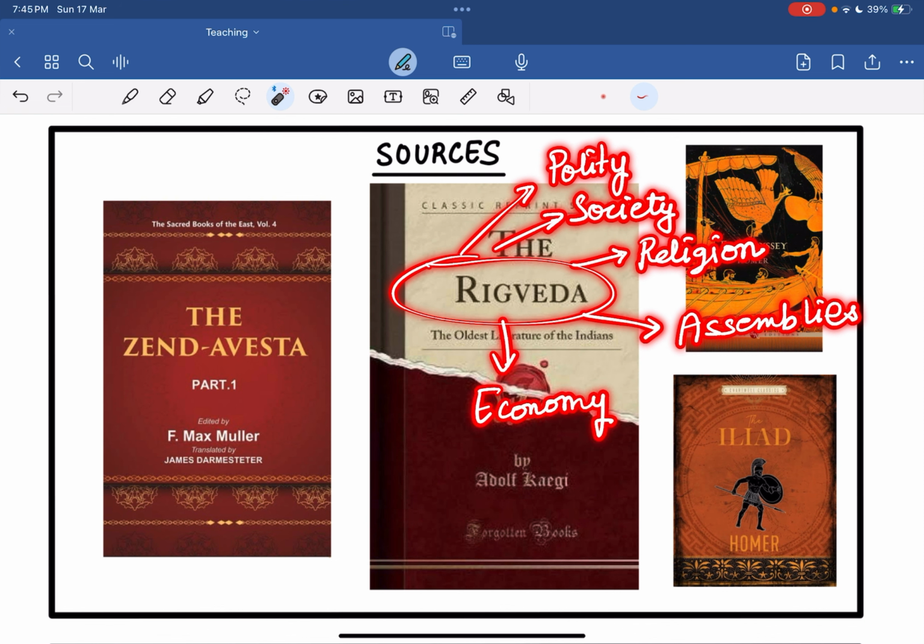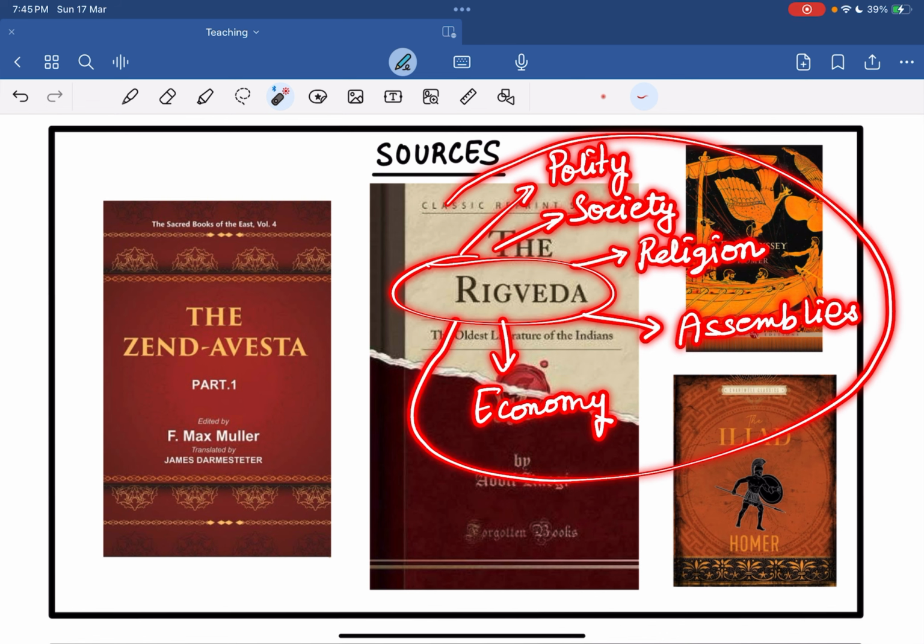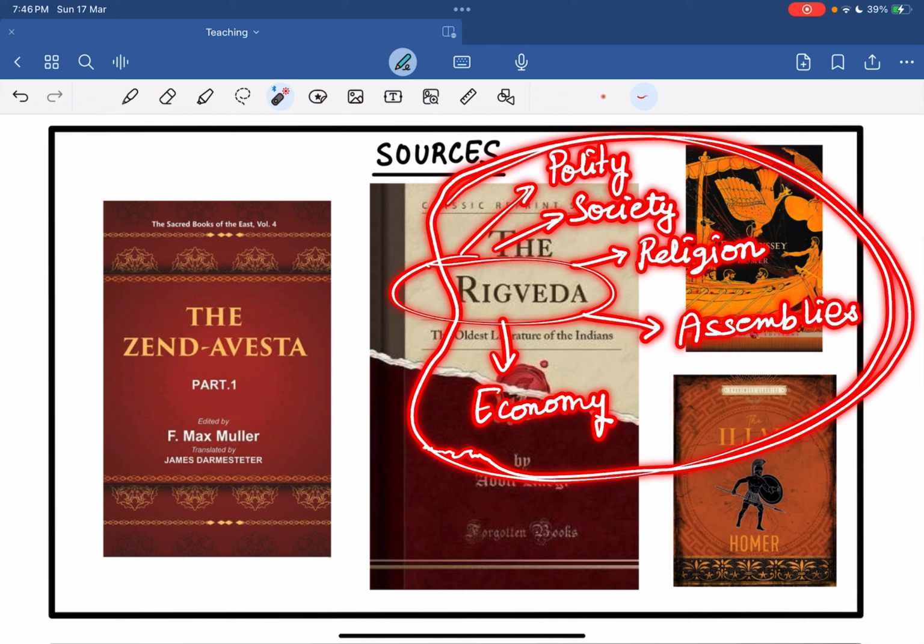It specifically mentions what the polity was like, what the societal concept was like, what the early Vedic people believed about religion, how the assemblies were, and what the economic setup was. So the Rigveda directly talks about the socio-political and cultural aspects of the early Vedic period.